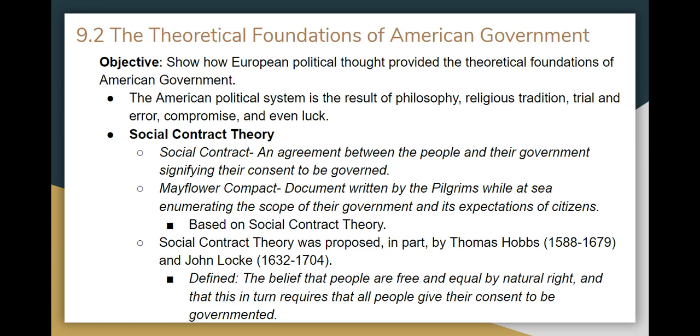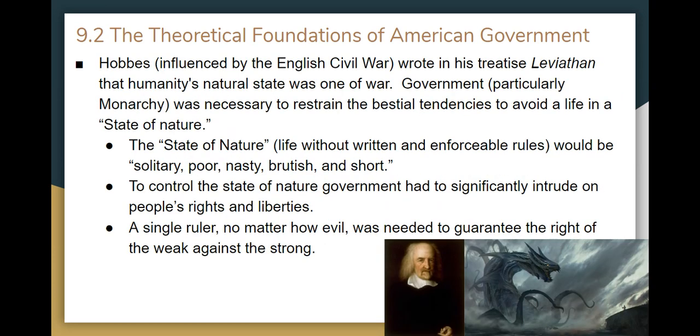Social contract theory, defined, is the belief that people are free and equal by natural right, and that this in turn requires all people to give their consent to be governed. Hobbes, influenced by the English Civil War, maybe more strongly than the younger Locke, wrote a treatise known as Leviathan, and you can see that mythical sea creature in the bottom right-hand part of your screen.